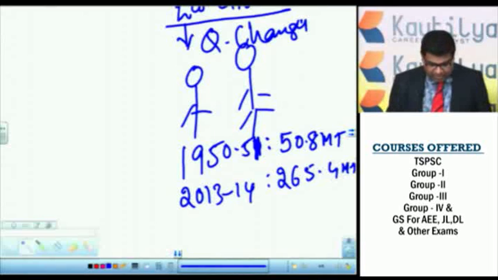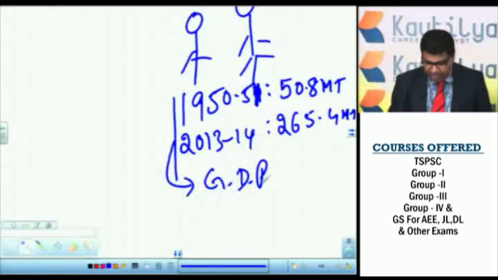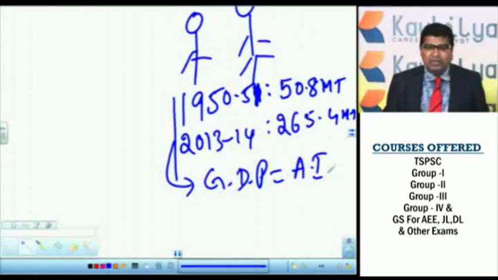So economic growth means change in GDP. Gross domestic product is nothing but the annual income of the country. So an increase in GDP, or in gross national product, or increasing national income is considered as economic growth.